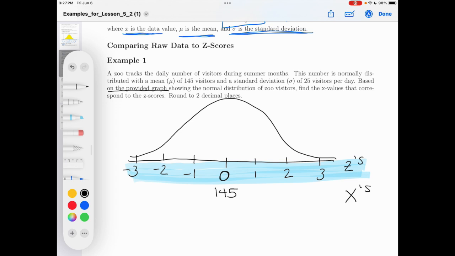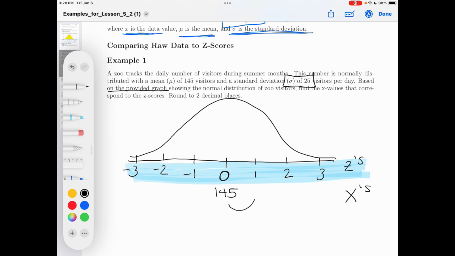So when x is 145, the corresponding value of z is 0, because at 145, we're 0 standard deviations out from the mean. Now, if I come out 1 standard deviation, according to the problem, each standard deviation is 25.